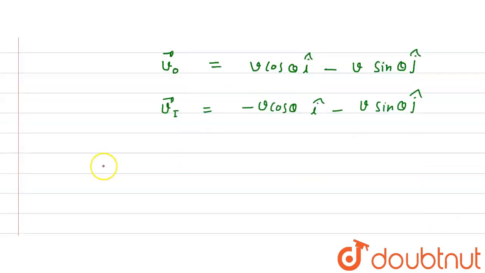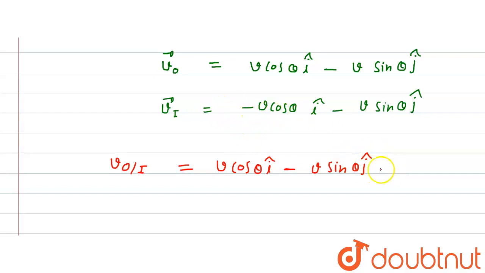So we can write here this is the relative velocity of object with respect to image, and this is the object velocity, v cos theta i minus v sin theta j cap, and this is minus the image velocity. Minus image velocity is minus v cos theta i cap minus v sin theta j cap.